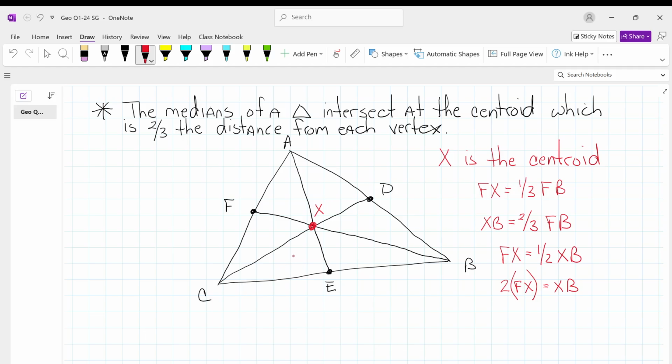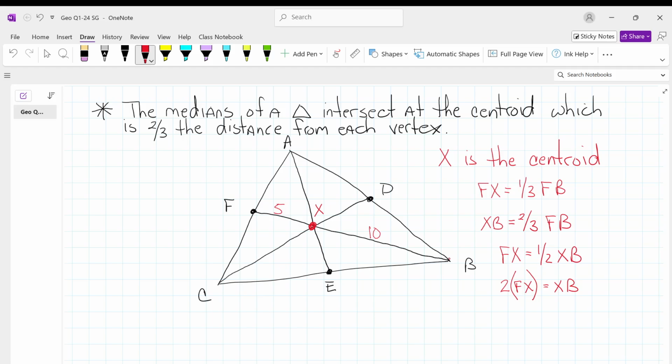So watch what happens here. If X to B is 10, what is the distance from F to X? FX equals 1/2 XB. What's half of 10? 5. So F to X is 5. Look, short piece, F to X is the short piece. From the side to the centroid is the short piece.